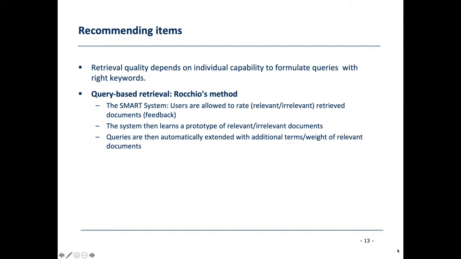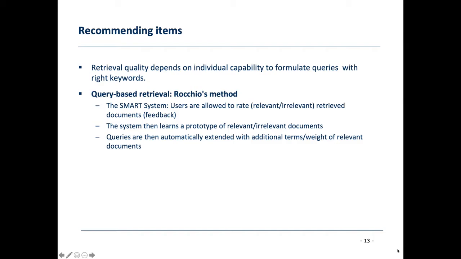So what we want then to do is potentially introduce novelty into the things which are retrieved for a user. And Rocchio's method allows us to do that. So in the SMART system, users can rate relevant and irrelevant things in terms of what was retrieved for them.